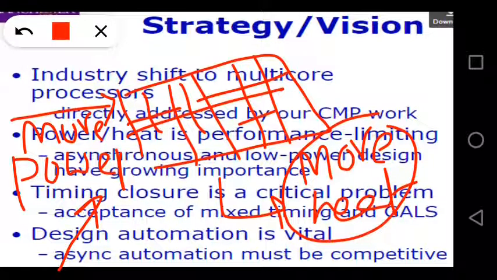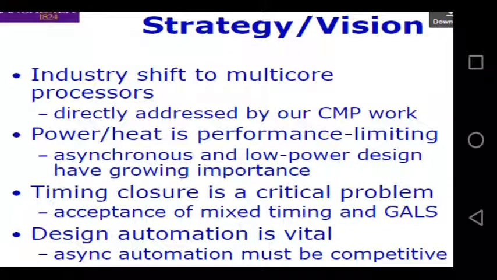You should use less power so that less heat is generated. Cooling down this heat is not an easy task. It's a very challenging task, and a vast area which has scope for research. So power or heat is performance limiting.